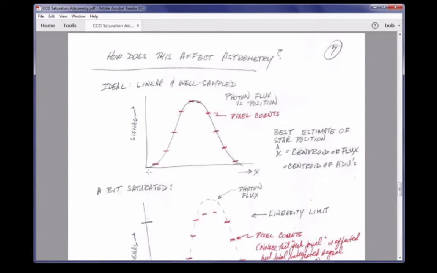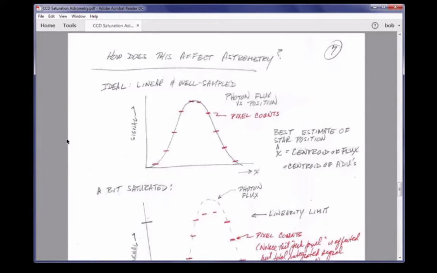If I'm in the linear range, so that ADUs out and photons in are in a linear proportion, and the black line here is the point spread function, and the red hash marks are the sampled pixel by pixel data that you actually get. The peak brightness pixel is pretty close to having the same intensity as the peak of the actual photon flux curve. Pretty close.